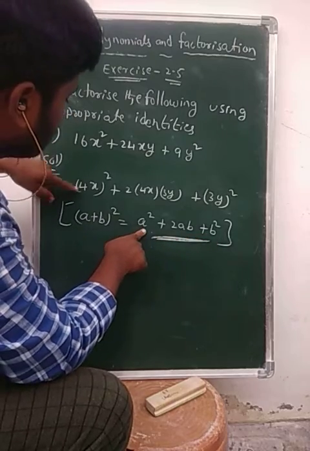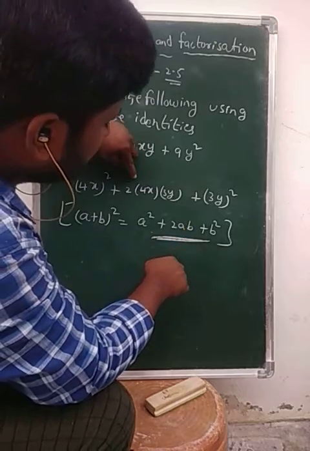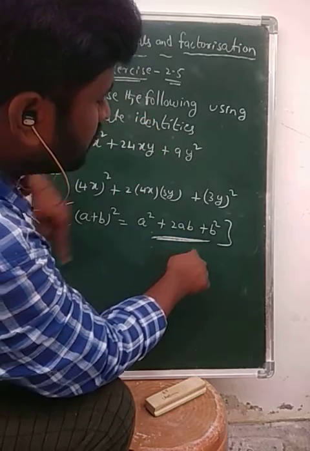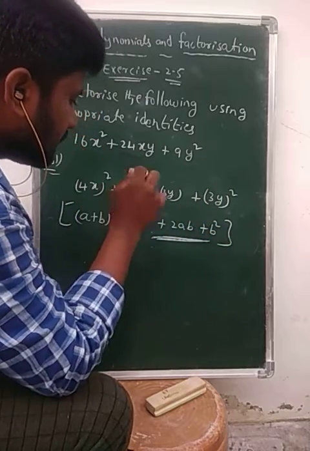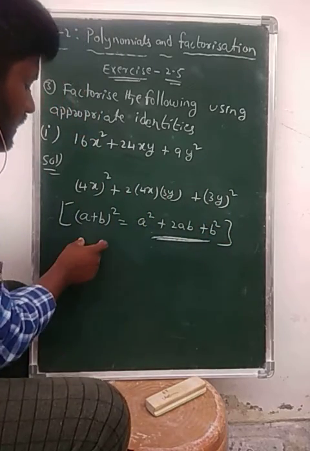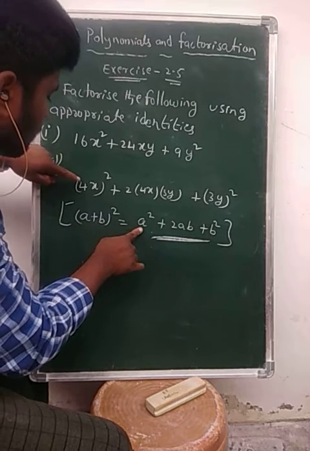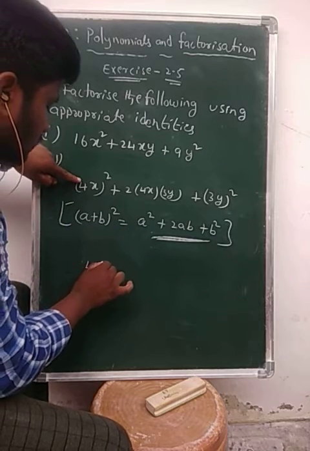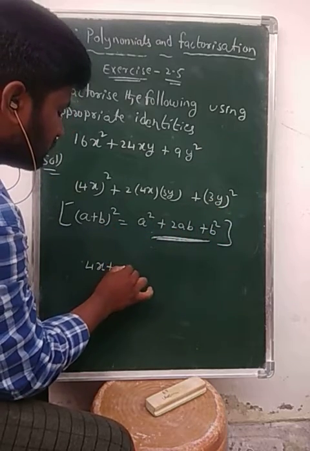A square means 4x square, 2 into a into b means 2 into 4x into 3y, plus b square means 3y square. Now the RHS part we can write in the form of the LHS part. A plus b means, in the place of a, 4x is there, in the place of b, 3y is there.